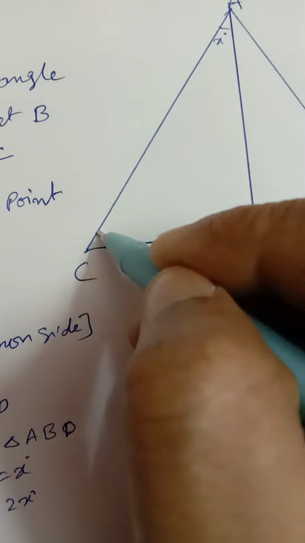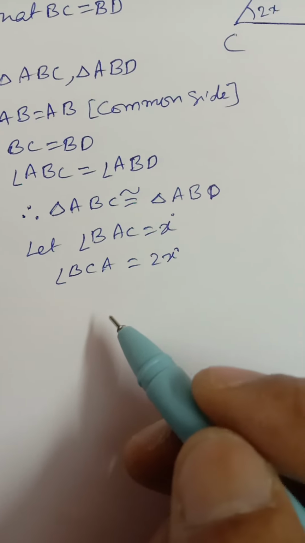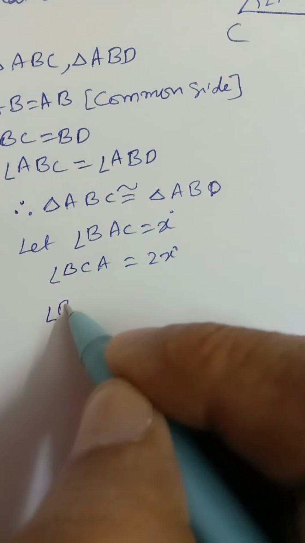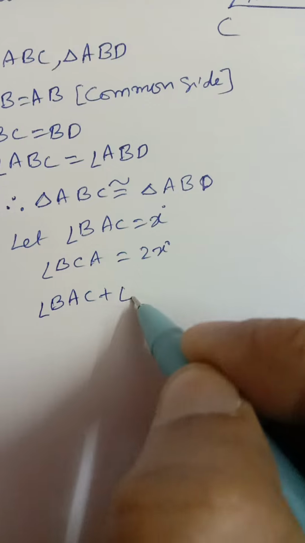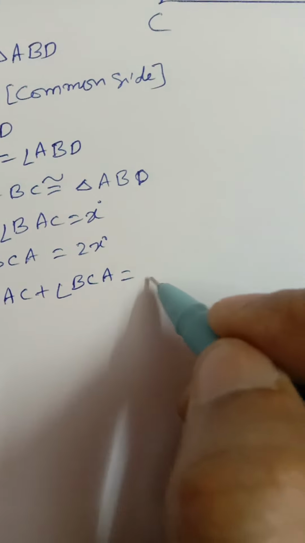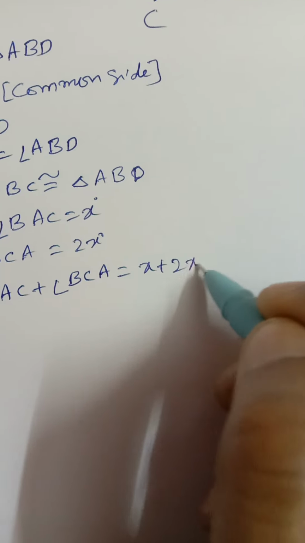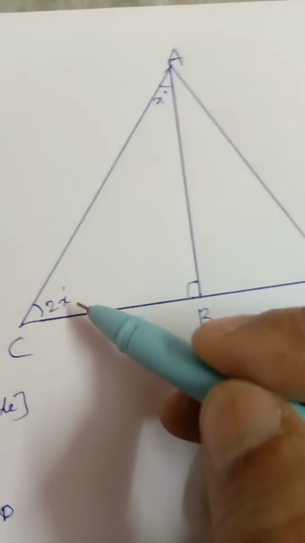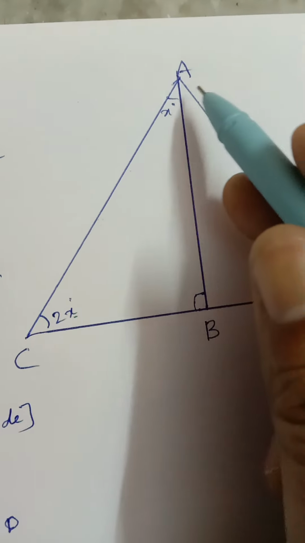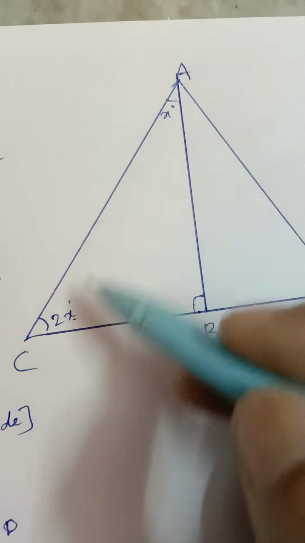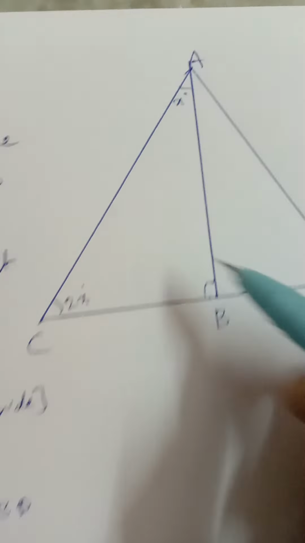Therefore angle BAC plus angle BCA is equal to x plus 2x. The sum of the angles of a triangle is 180 degrees, angle B is 90 degrees, so angle A plus angle C is 90 degrees.